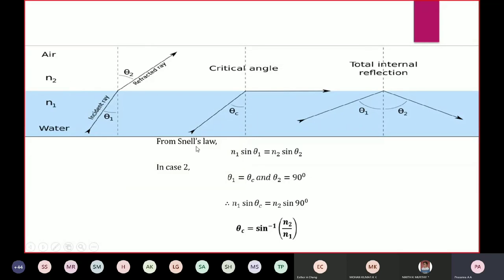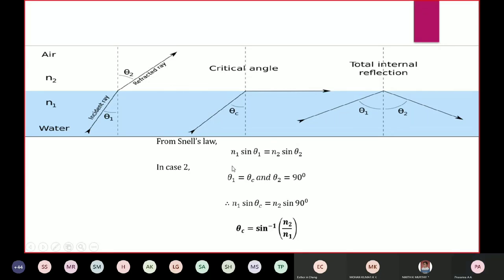You can recall Snell's law. Snell's law states that the ratio of the sine of the angle of incidence to the sine of the angle of refraction is equal to a constant, and that constant is nothing but the refractive index. Or in mathematical form, the product of the refractive index of the medium of incidence and the sine of the angle of incidence is equal to the product of the refractive index of the medium of refraction and the sine of the angle of refraction.